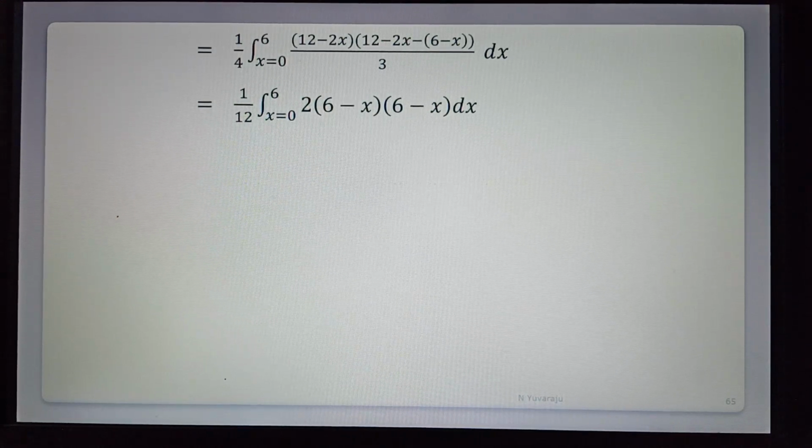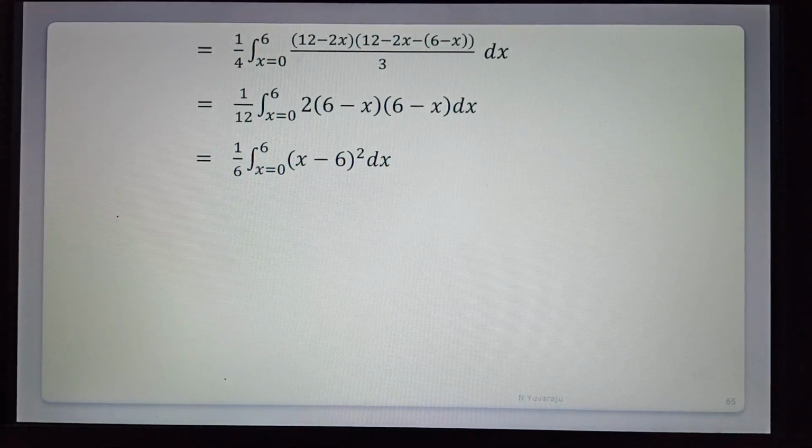Here 2 is common, 6 minus x into 6 minus x. That is 1 by 6 into integration x from 0 to 6 of 6 minus x whole square, or x minus 6 whole square, both are the same.